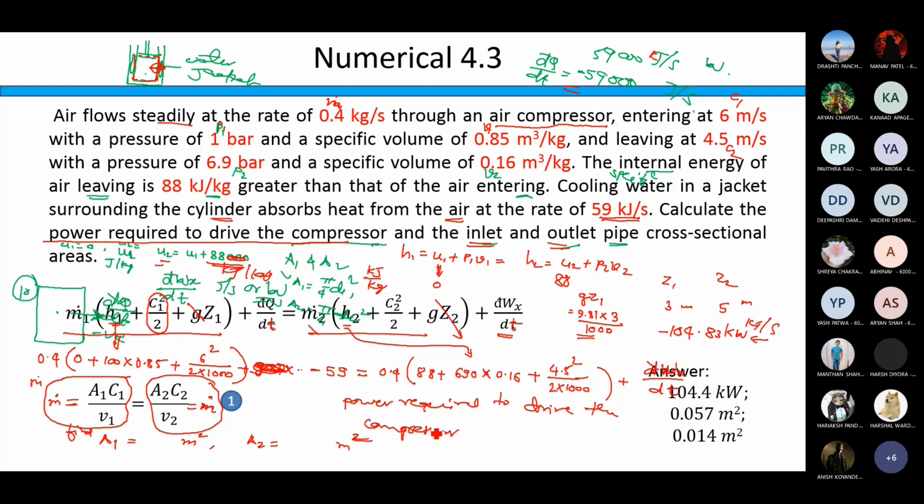This itself indicates that power is consumed. So then you need not write the minus sign. So at that time you will write 104.4 kilowatt. The answer will be like this. Clear? And the areas A1 and A2 are 0.057 meter square and 0.014 meter square. Correct?